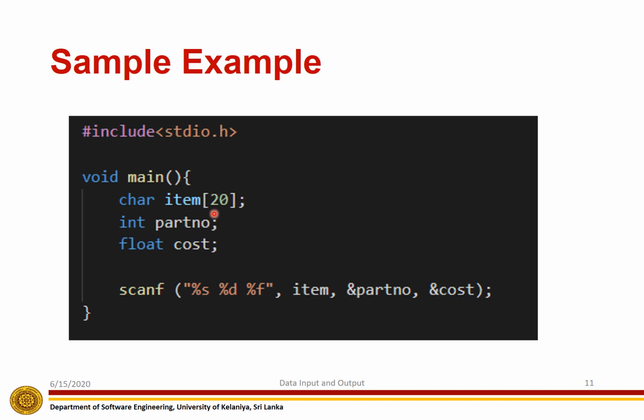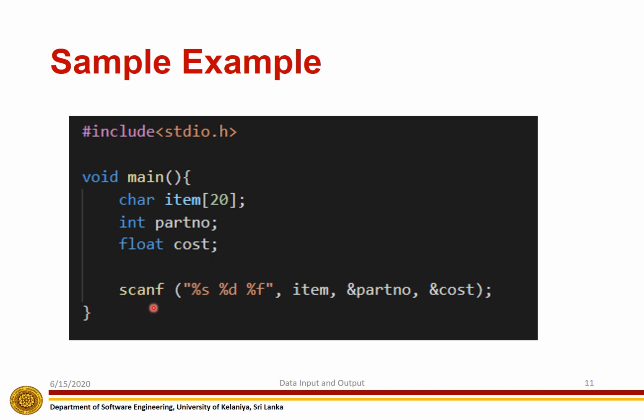An array is a collection of data items, all of the same type and accessed using a common name. This is like a list. So here 20 character type data items can be stored, and the name of the array is item. Then the integer type variable int part number and the float type variable float cost.